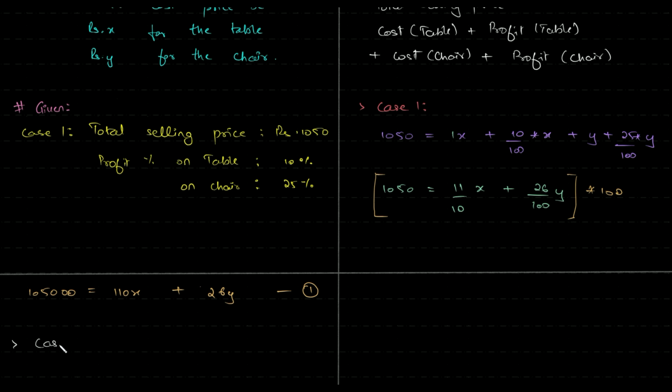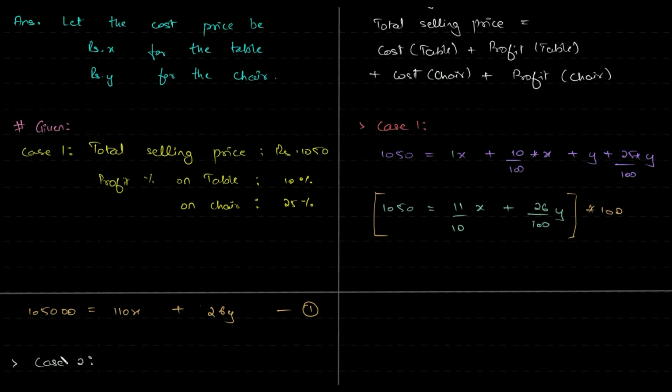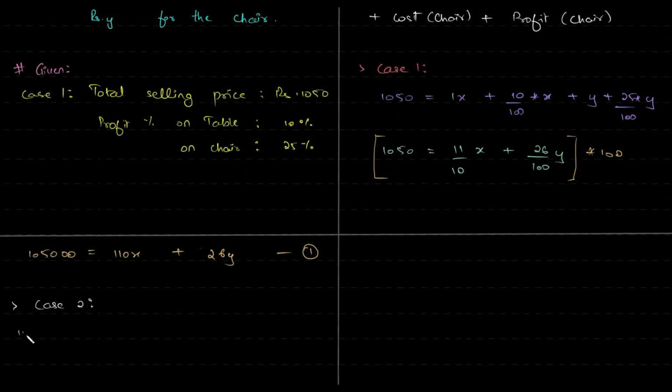Now case 2. We have 1065 is equal to 1x plus, in this case it's 25% over here, and in the other case it is 10%. I hope I'm not mixing it up.